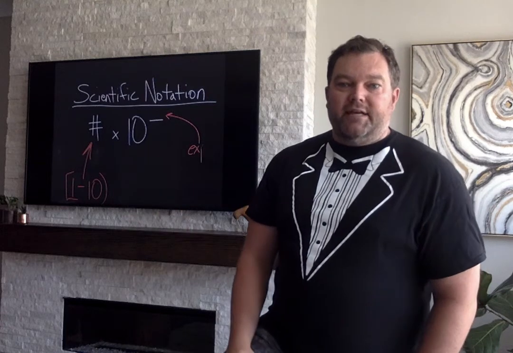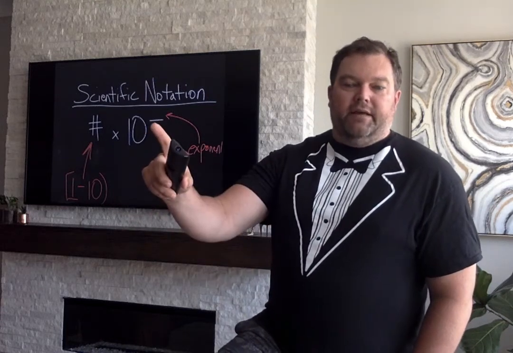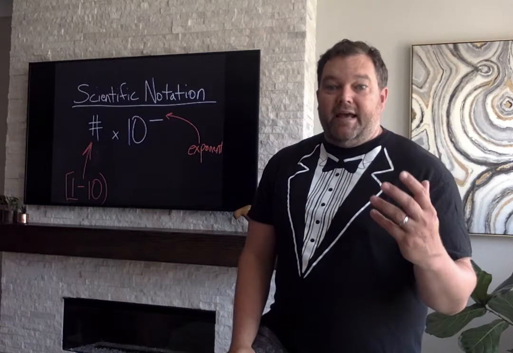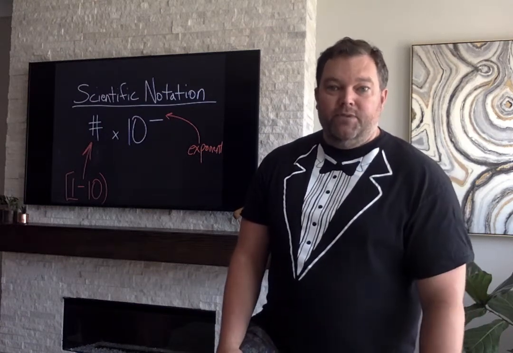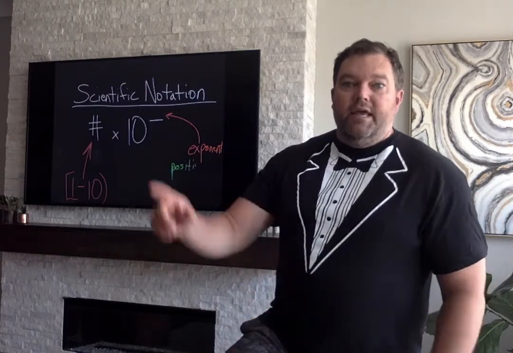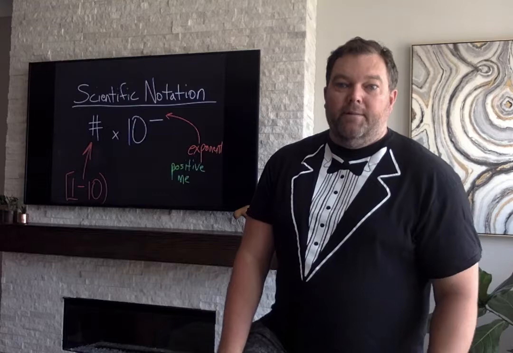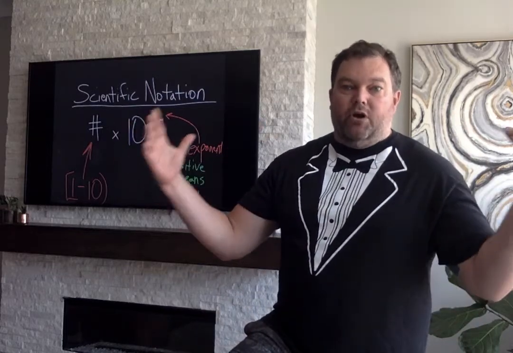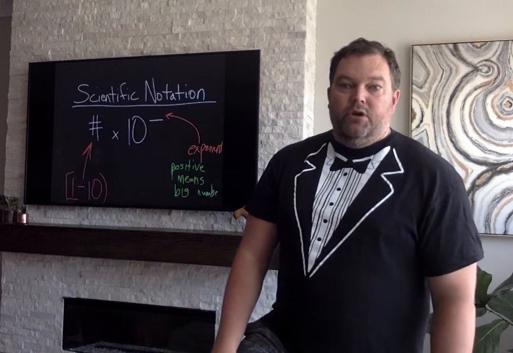The other part is this exponent. I put a blank there because there's some exponent after the 10. And if that exponent is a positive number, positive 7 or positive 30 or whatever, that means that you are talking about a giant number, a really big number, okay?